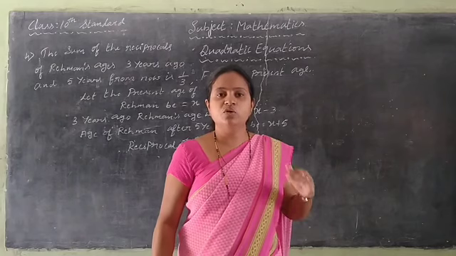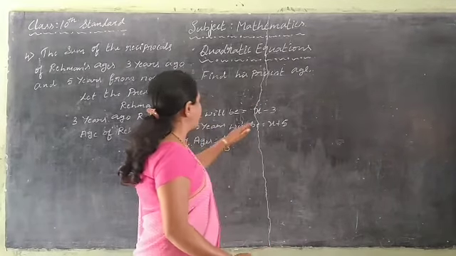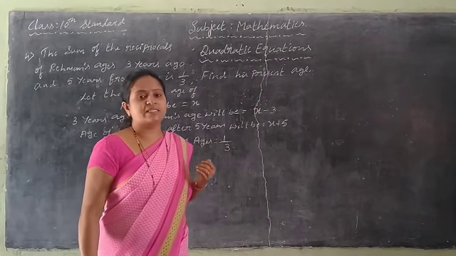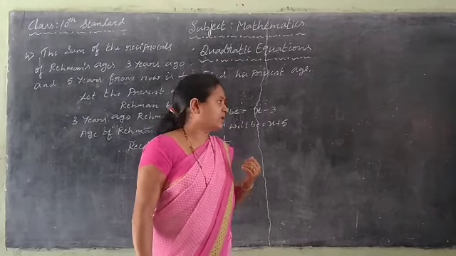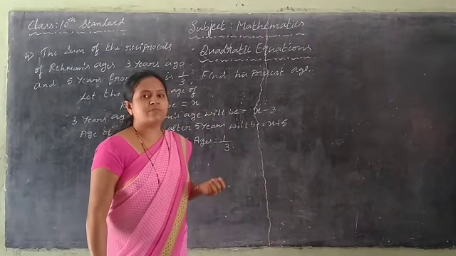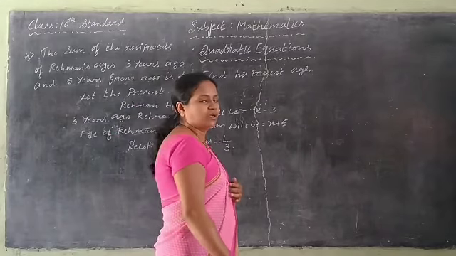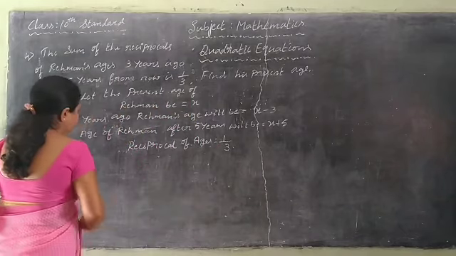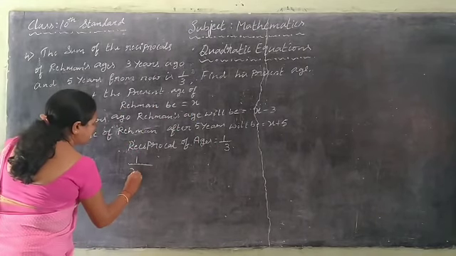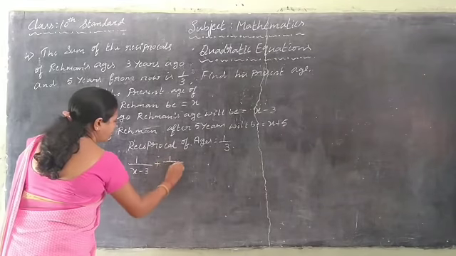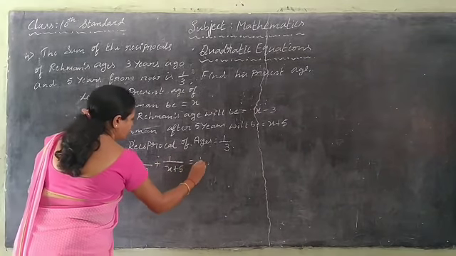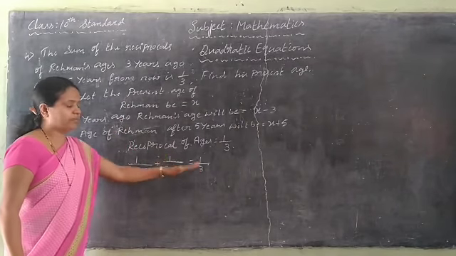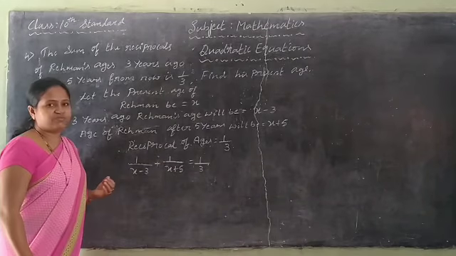We have to interchange the numerator and denominator. So 3 years ago means x minus 3, children. The reciprocal of this is 1 by x minus 3. Got it? In the same way, the reciprocal of x plus 5 is 1 by x plus 5, children. So the sum of those two is 1 by 3. So 1 by x minus 3 plus 1 by x plus 5 is equal to 1 by 3. Before, after, reciprocal, sum is 1 by 3. Got it? Sum means we have to add.